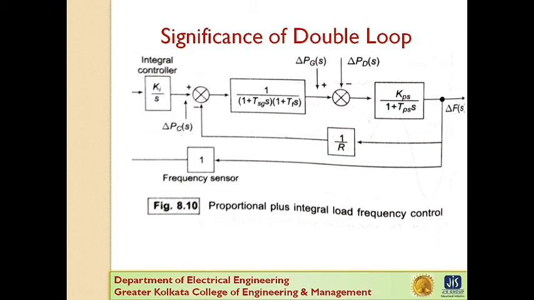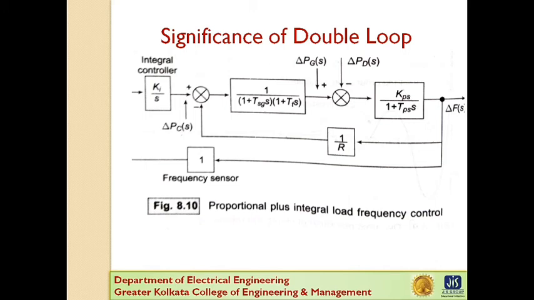The system now modifies to a proportional plus integral controller, which, as is well known from control theory, gives zero steady state error, that is delta F in this case is equal to 0.